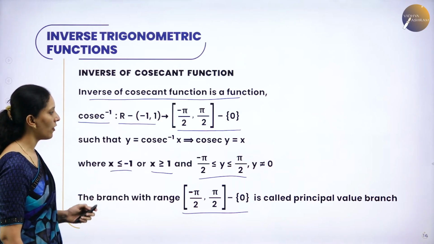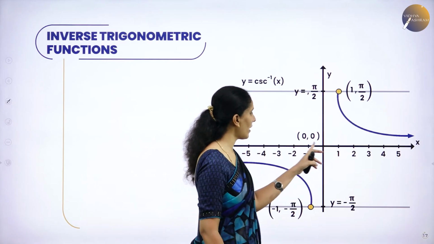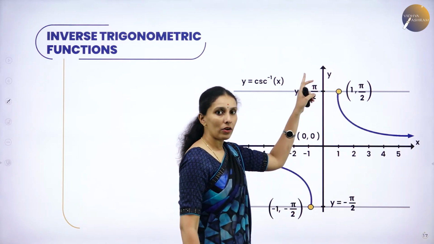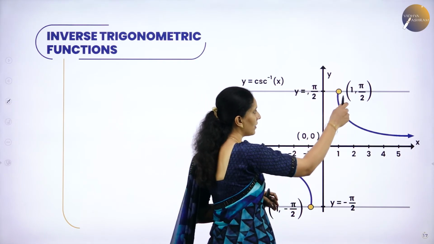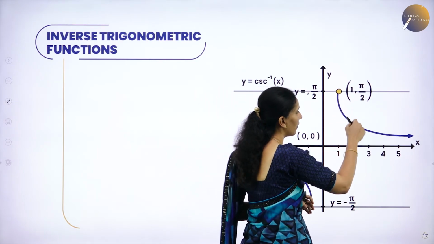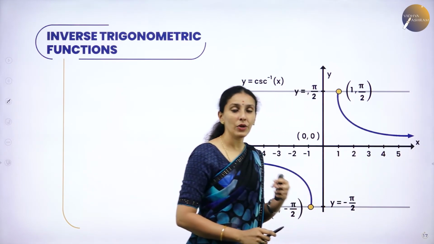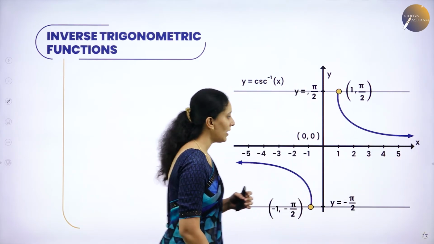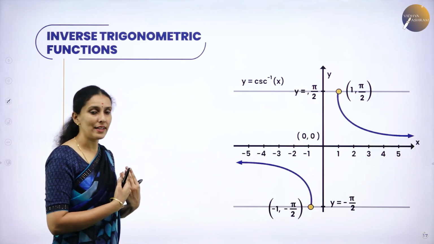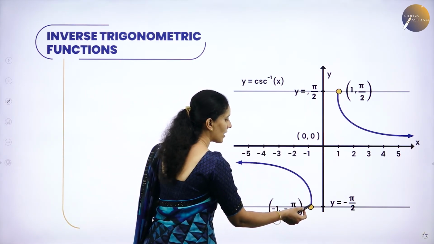Let's look at the graph of the cosecant inverse function. I already said, if this is +1 and -1, the x value can take values beyond 1. For values after 1, like 1, 2, 3, the graph goes like this, because for cosecant 0 the value is infinite. Hence it moves towards infinity. Similarly, it can take values less than -1, so the graph starts from here.